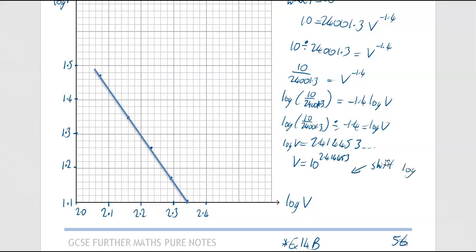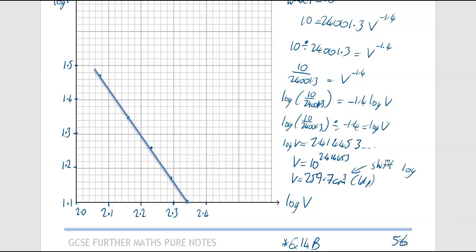Just like the inverse of sine is sine to the minus 1, or shift and sine, the inverse of cos is cos to the minus 1, or shift and cos. So on your calculator you just get that, and when I did that I got 259.7 volume, so centimeters cubed, to 1 dp.